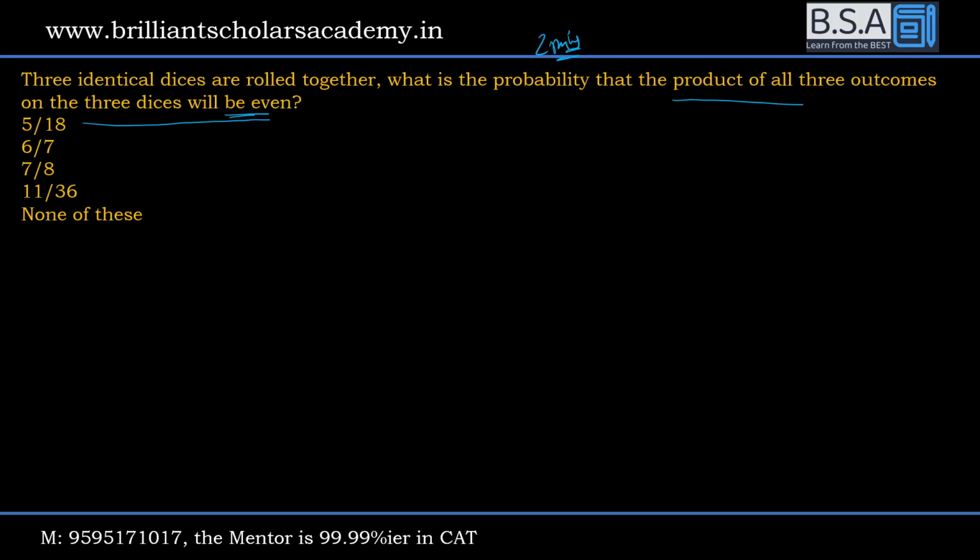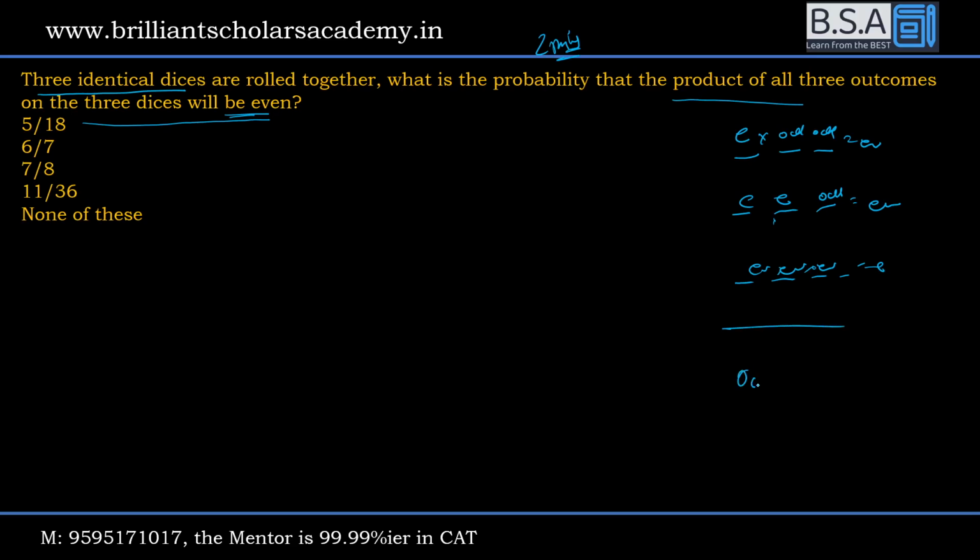देखो, when you want the product to be even, आपके पास तीन आउटकम आएंगे. You are rolling three dice. अगर तीन में से एक भी इवन हो गया और बाकी ऑड हो गए, the outcome is even. अगर दो इवन और एक ऑड, तो आउटकम is still even. अगर तीनों इवन हो गए तो भी even. आपको प्रोडक्ट even चाहिए. प्रॉब्लम क्या है?